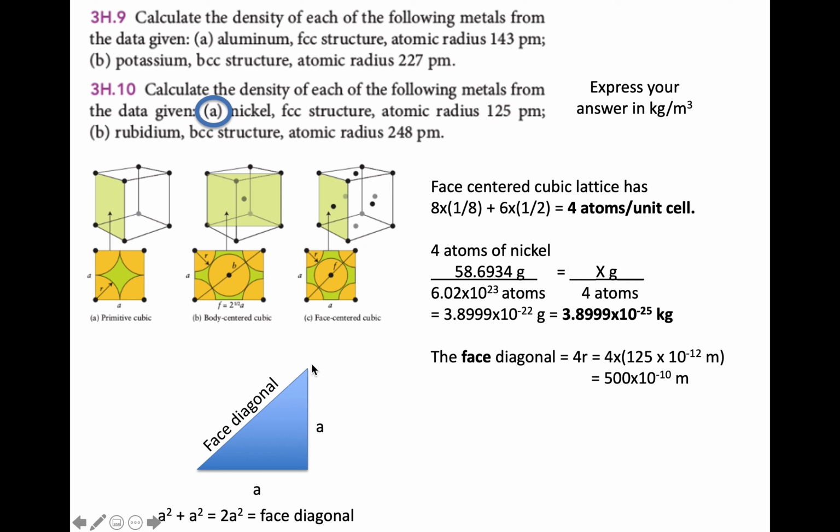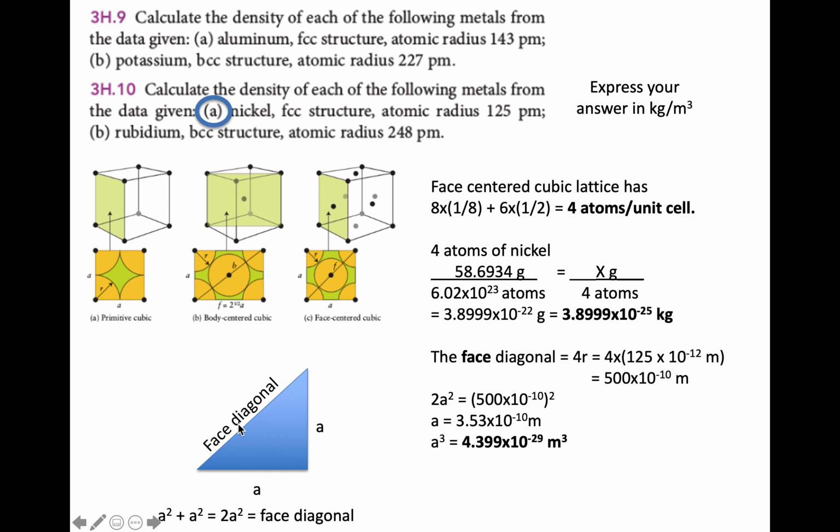So if I use the Pythagorean theorem here, I want to connect that to the length of a side. Within our cube, let's call the side length a. a squared plus a squared is 2a squared. 2a squared then is the face diagonal, thinking of it back in terms of the length of a side.